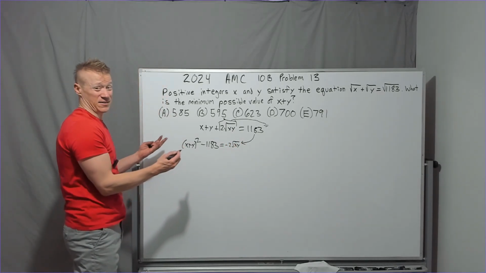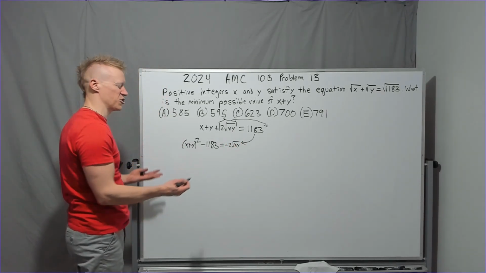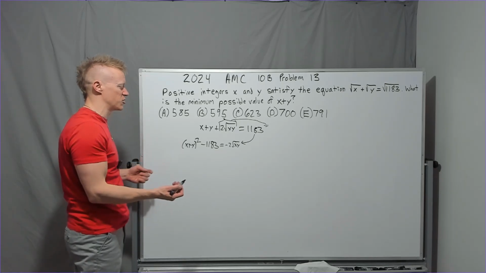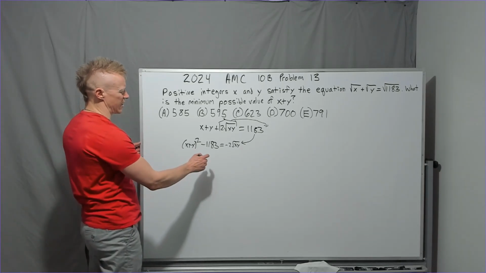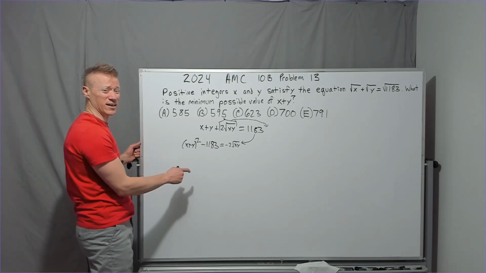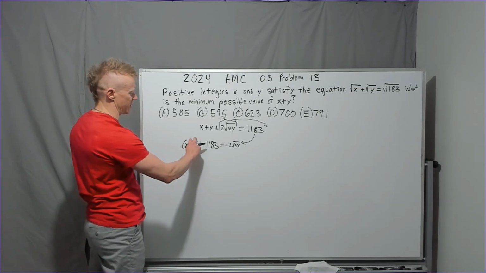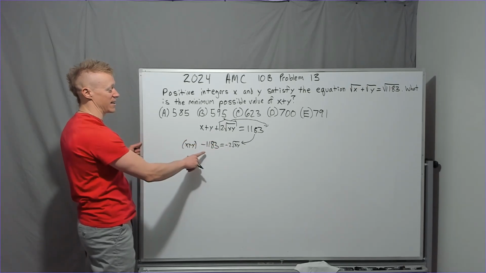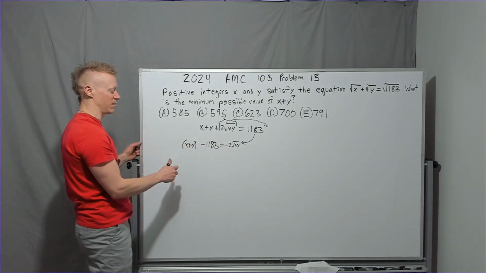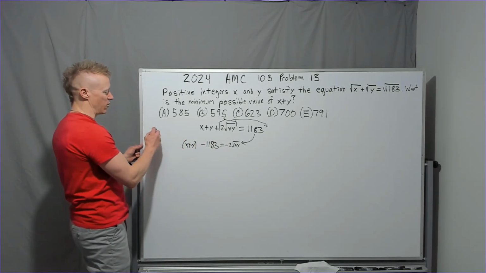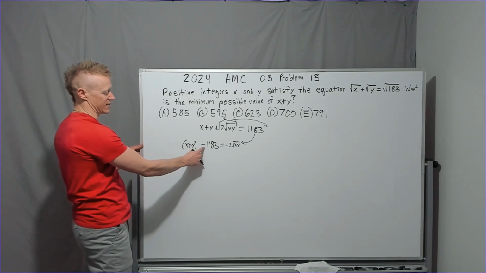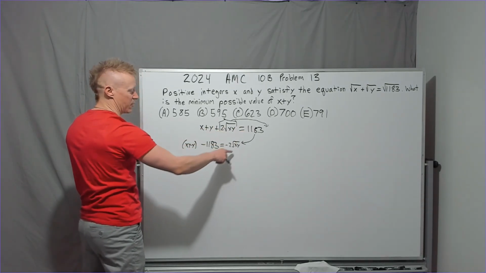Now this is not the path that ends up working. I'm just showing you things you might have thought of doing or trying. And so you say, okay, well, I guess I have to square again. Wait, not squared yet, sorry. It's just x plus y minus 1183. We're about to square, and so it's going to become squared when you do that. So now what I have is this minus that pulled over, and we're going to square both sides.